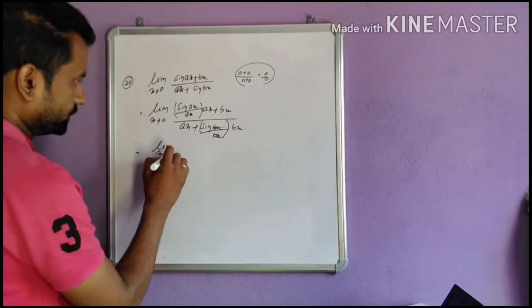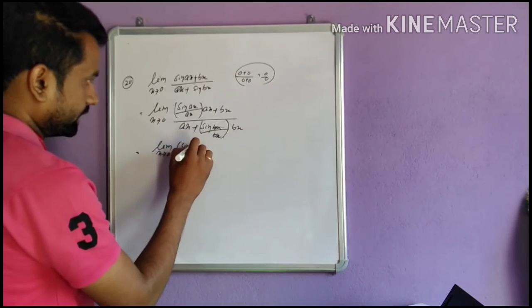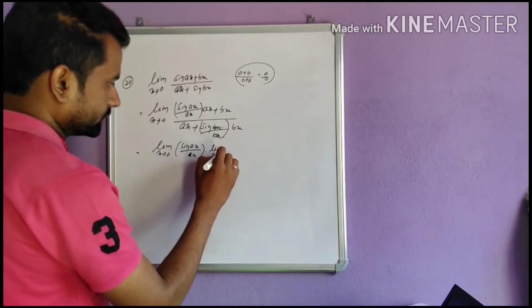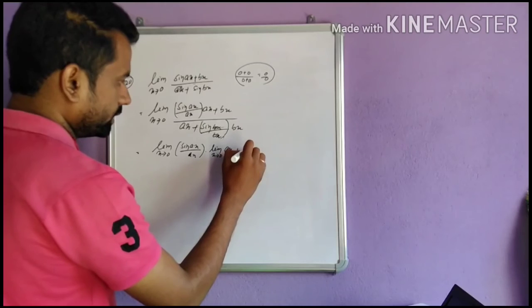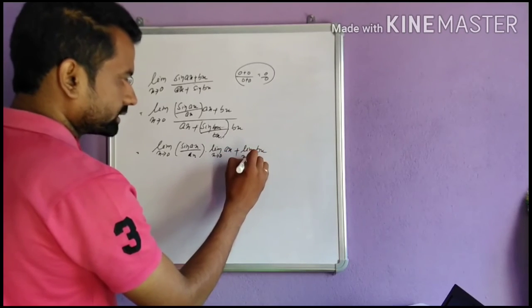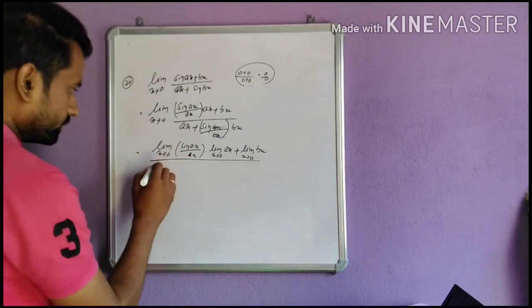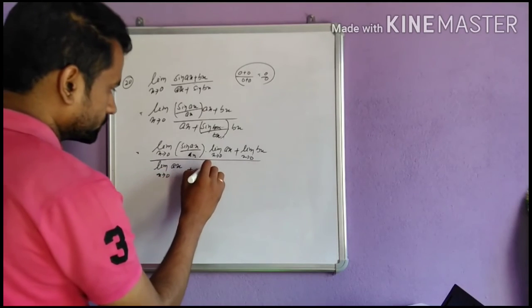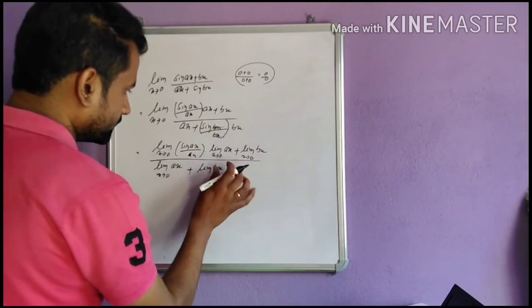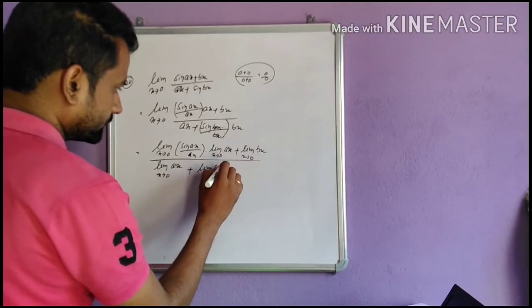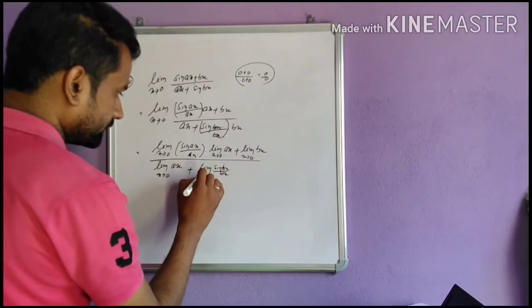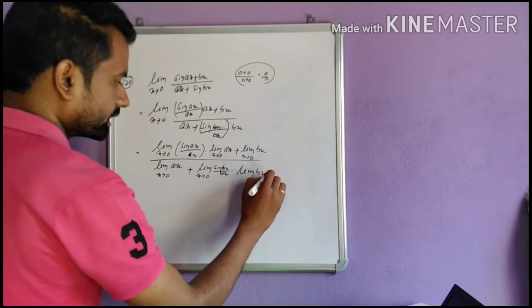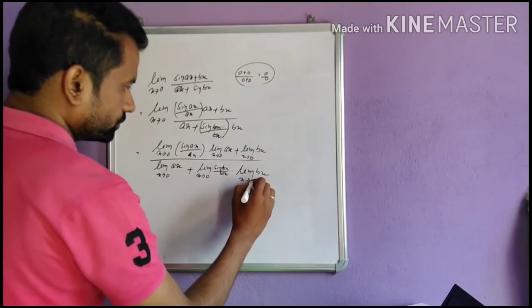Limit x tends to 0 sin ax by ax into limit ax, x tends to 0, plus limit bx, divided by limit ax plus limit sin bx by bx into limit bx, x tends to 0.